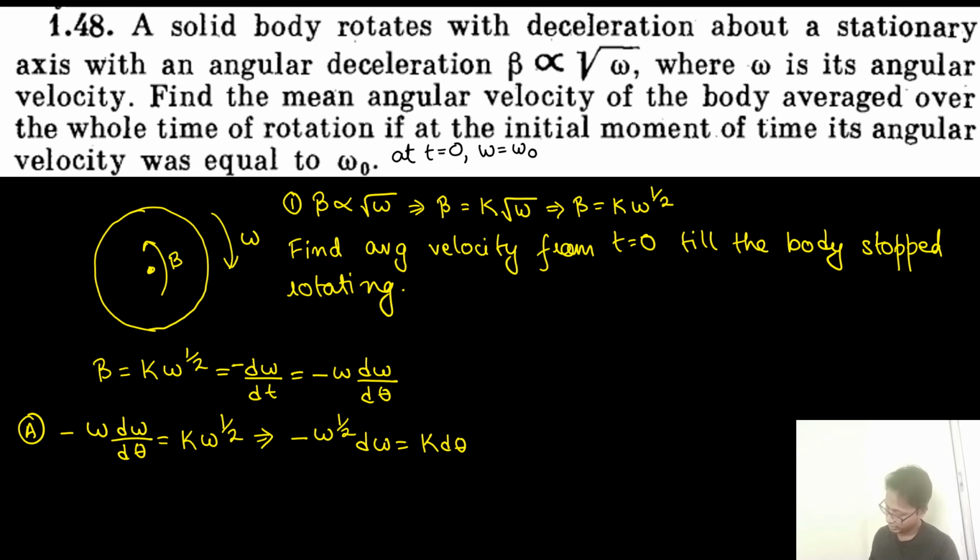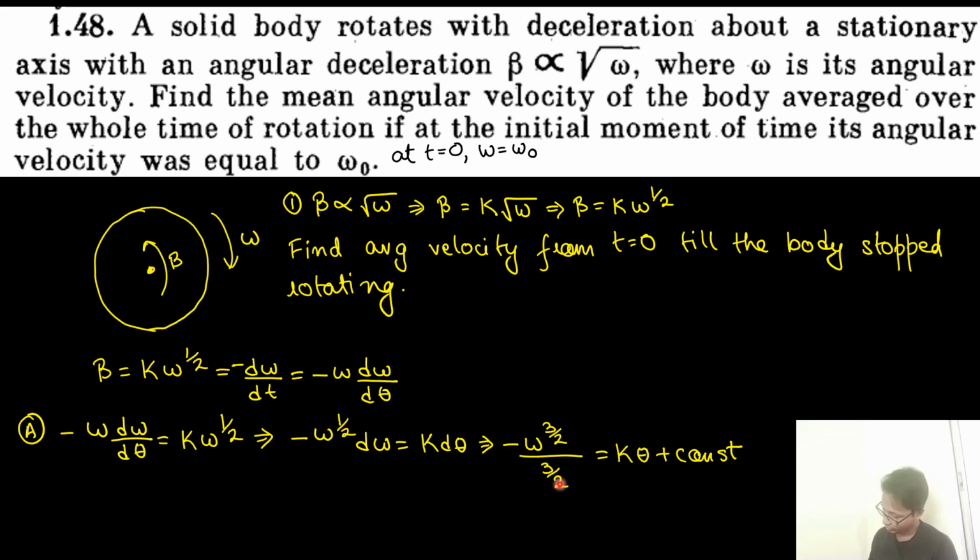What is the integration of minus omega to the power 1 by 2? Minus omega to the power 1 by 2 plus 1 divided by 1 by 2 plus 1 is equal to k into theta plus some constant. Half plus 1 is nothing but 3 by 2.